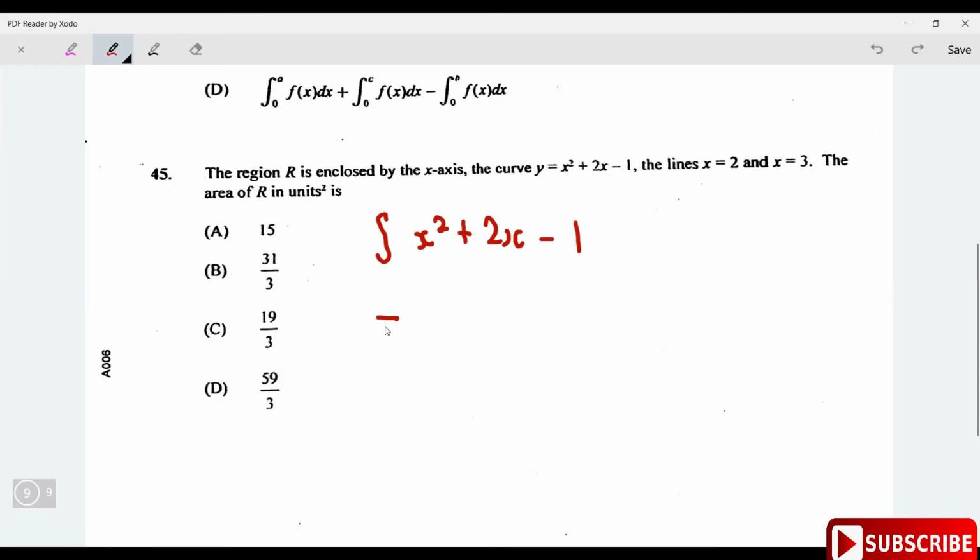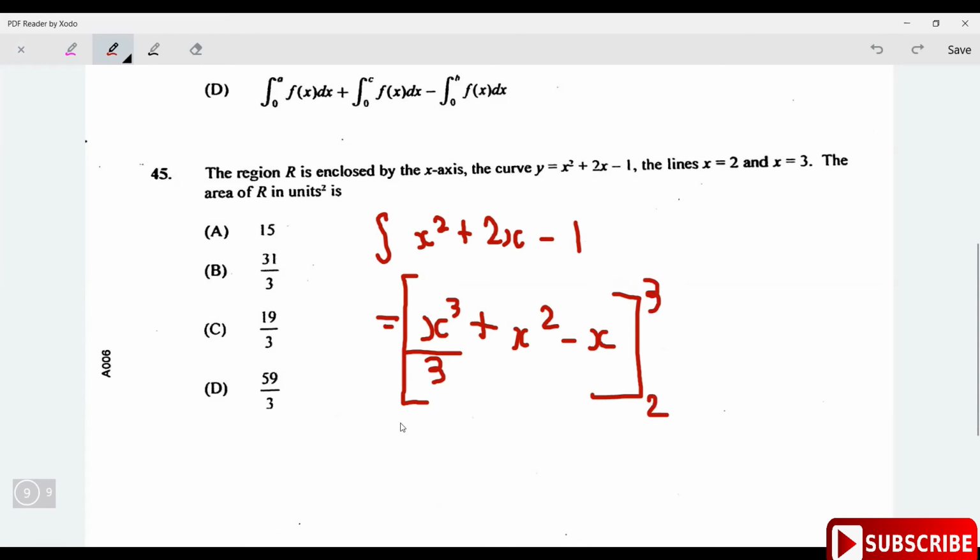When you integrate that, what you're going to get is x cubed over 3 plus x squared minus x. And of course, you're integrating all of this from 2 to 3.